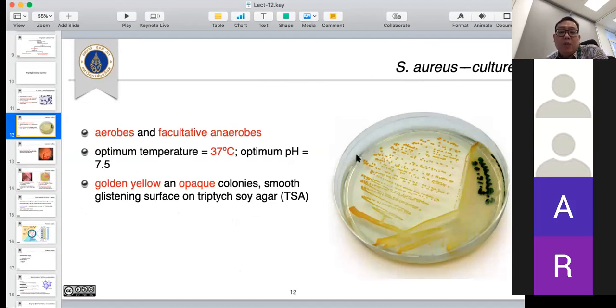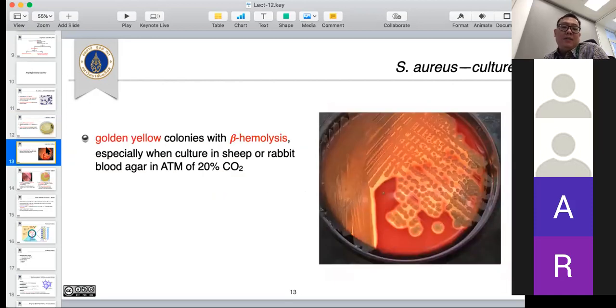You see the yellowish colony. The colony is quite small on TSA. That is Staph aureus. But if you culture on blood agar, you see hemolysis. Hemolysis by clear zone around bacteria.